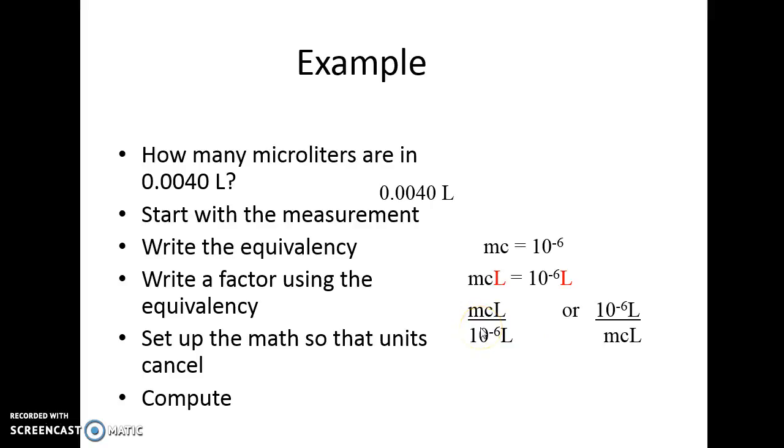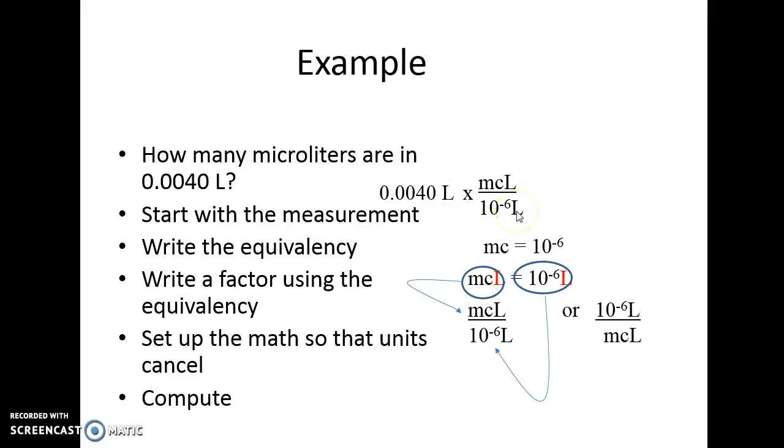So I'm going to choose this as my conversion factor. This is the conversion factor that I choose because liters now cancel out. If I choose the other, I would get liter times liter over microliter. Nothing cancels. I don't want to use that.